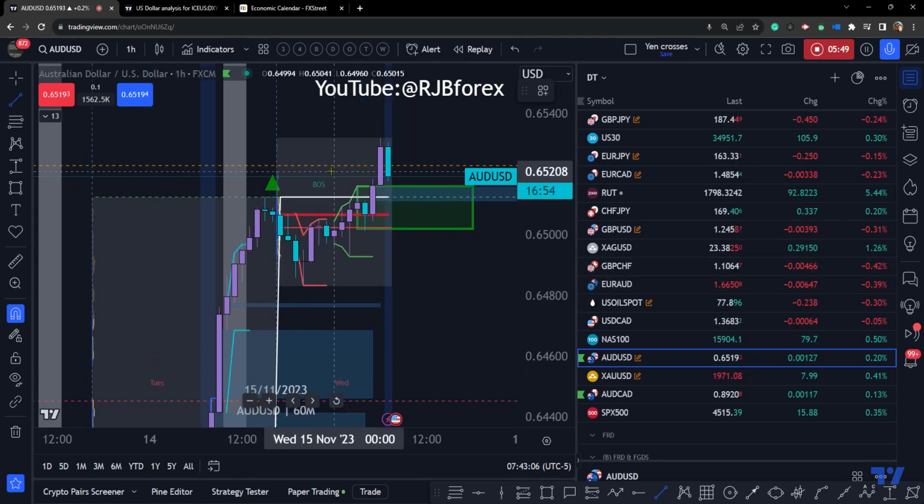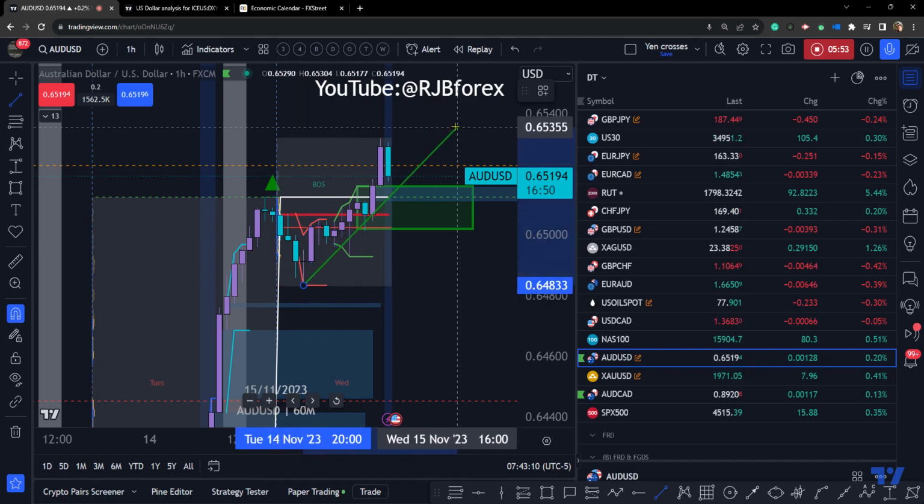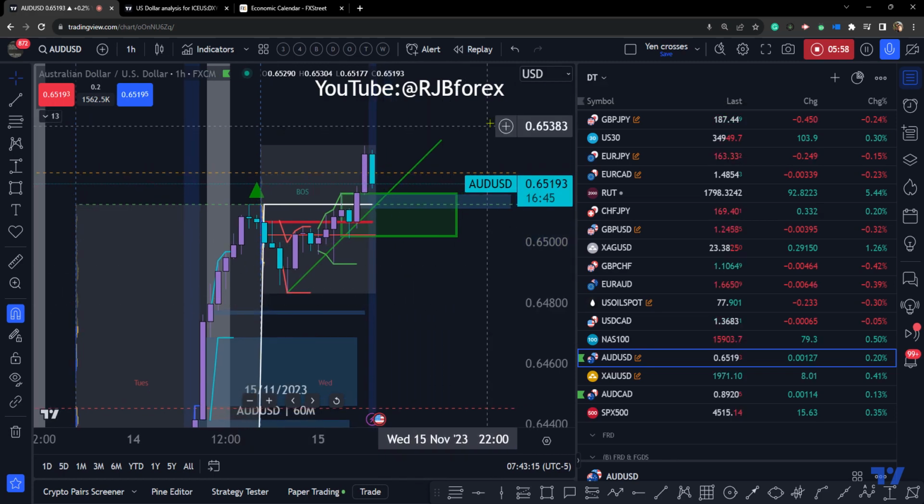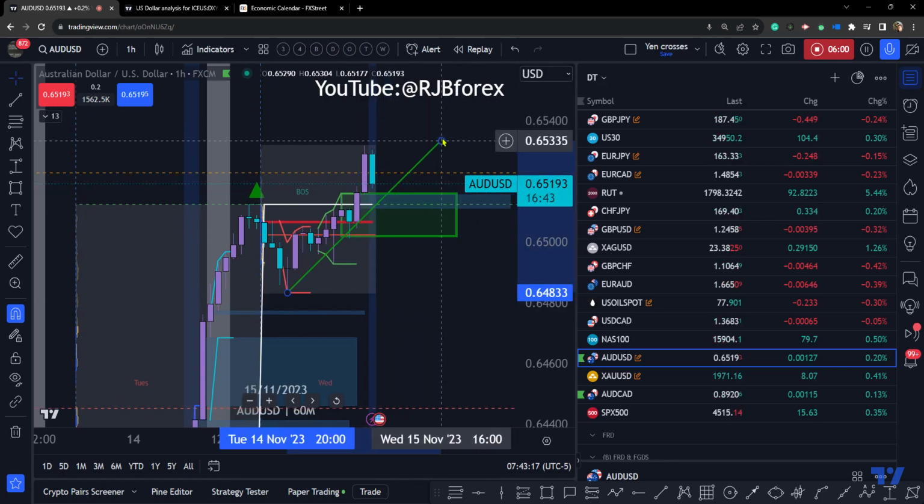Having said all of this, that is not to say that the only way is up, right? We could quite easily have an opportunity to short if we can get the signals.